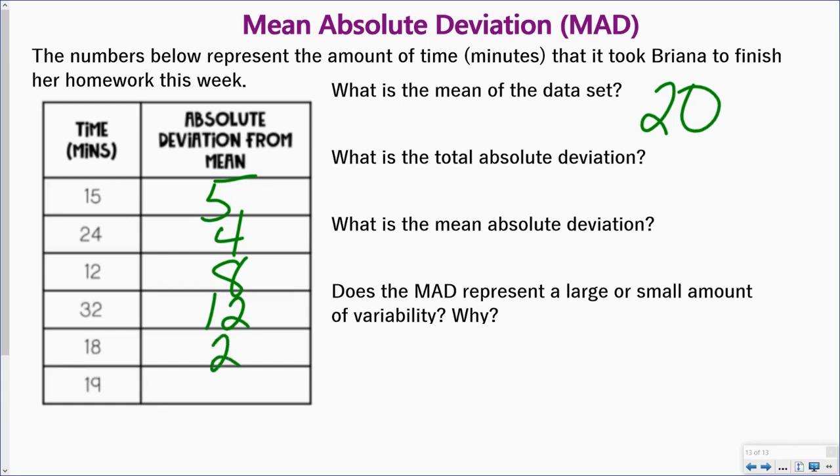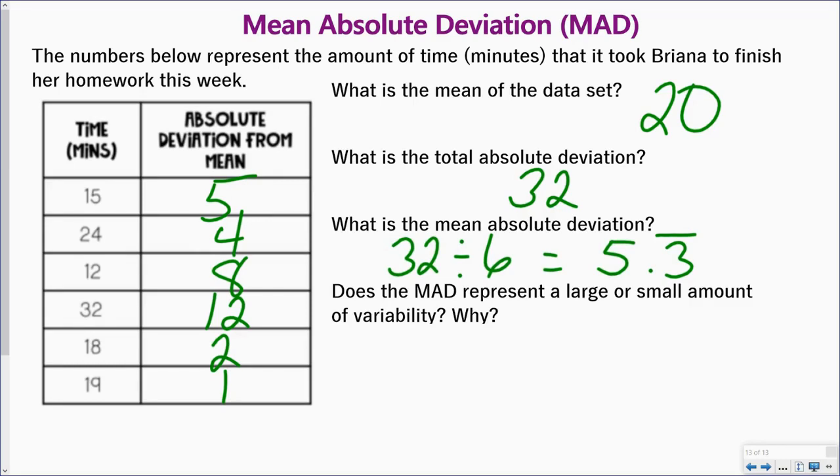And 20 and 19, that is a difference of 1. When I add up all of those together, I get a total of 32. And then when I take my 32 and divide it by 6, I come up with 5.3 repeating.